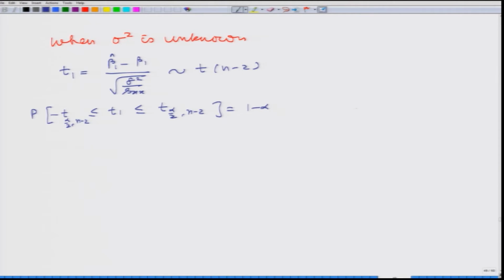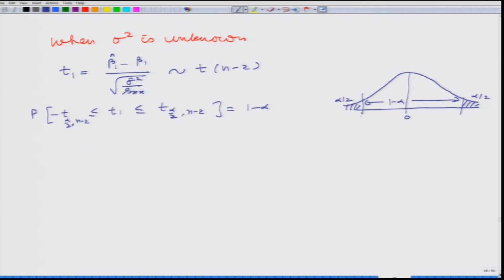So, this is again equivalent to saying that if I have a t distribution like this one, then here is the alpha by 2 percent point on the left hand tail, and this is the alpha by 2 percent point on the right tail, and the mid area is 1 minus alpha, and somewhere here it is 0.